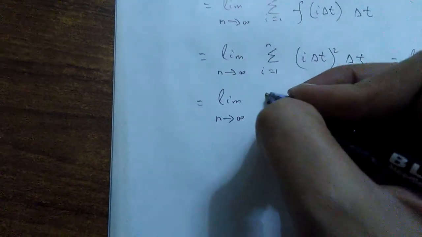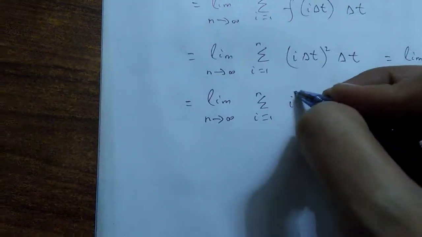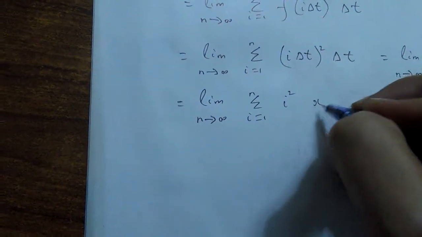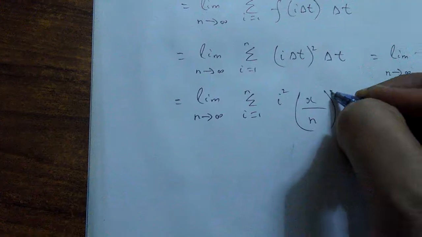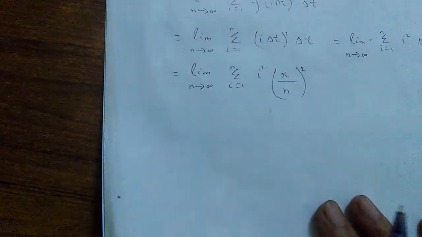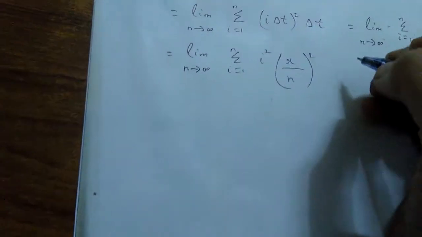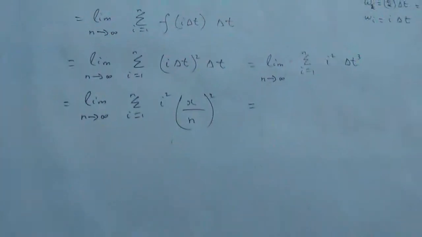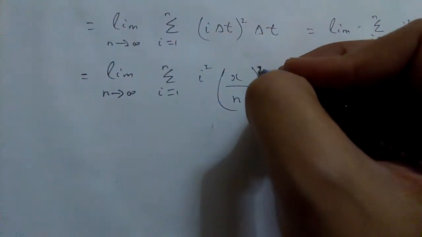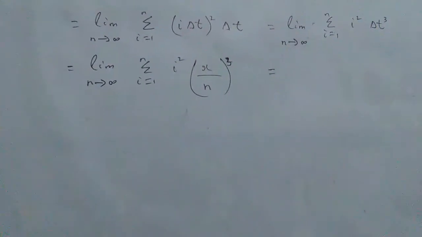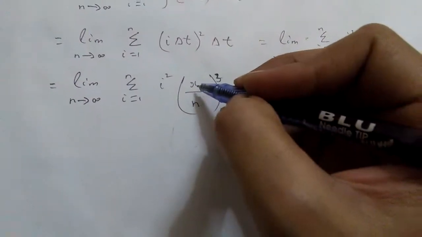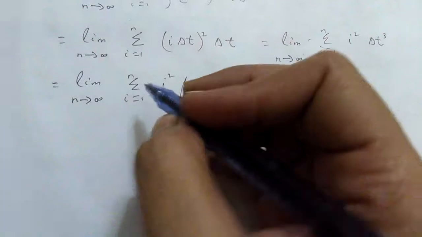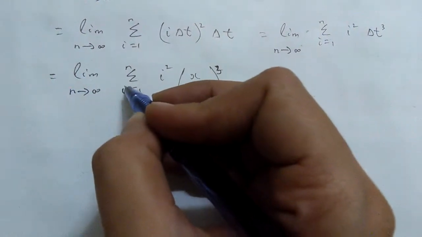So i is going from 1 to n, i squared, and it's (x upon n) whole cubed. All right, this is it. I'm sorry, it's cube here, sorry. So just like this. So you see the summation over here is representing just i.